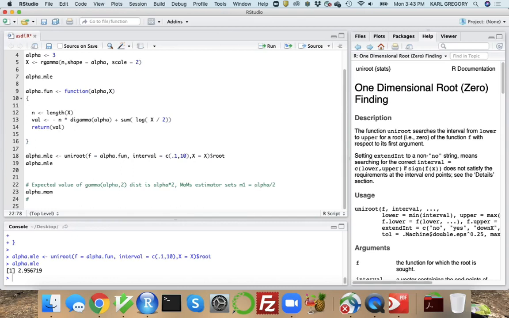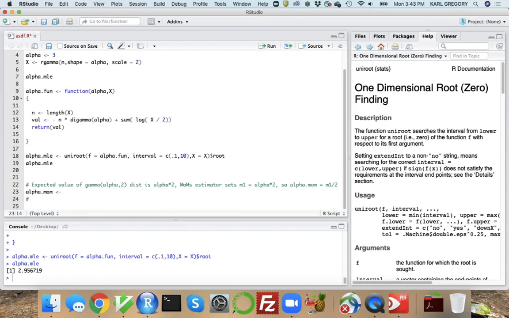The first population moment, alpha times 2, is set equal to the first sample moment. Then we solve for alpha. The method of moments alpha is going to be m1 over 2, if I solve this for alpha. It'll be interesting to compare the MLE to the method of moments estimator.